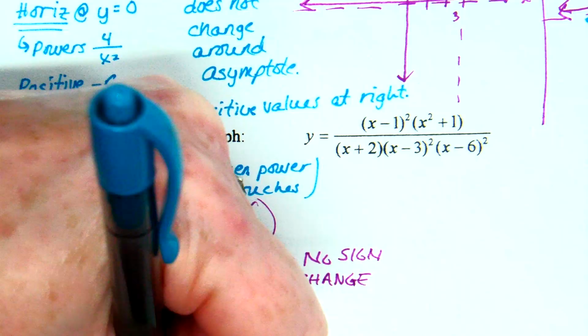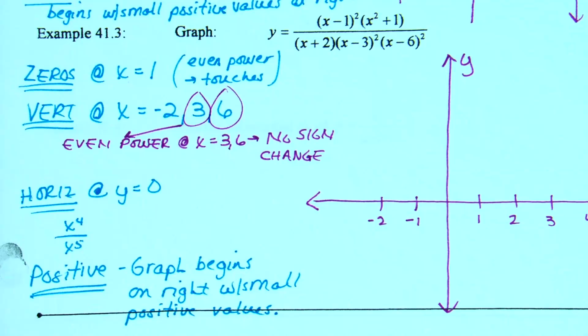If it was a normal 0, we would cross through and end low. This is a touch. So that means we're going to touch and go back up. Yeah, I'm going to go with it's more lopsided. I don't know.